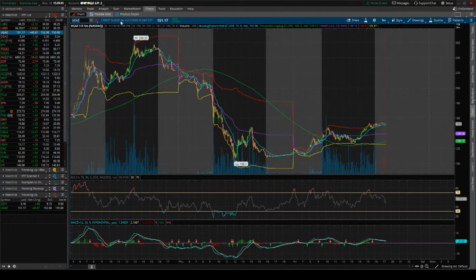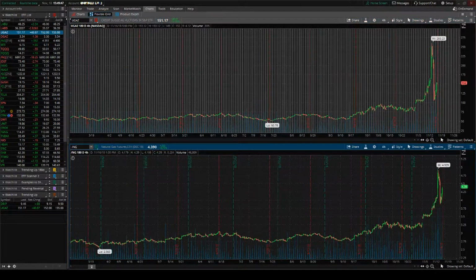Okay, and I'm going to show you guys using this flexible grid, which is right next to the charts, right up here. This is ticker symbol UGAZ, and down here I have ticker symbol /NG. This is just the natural gas future.